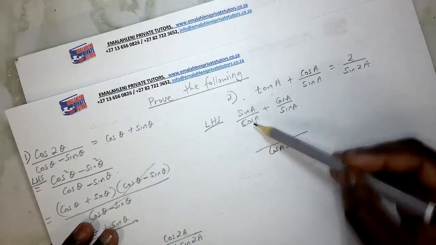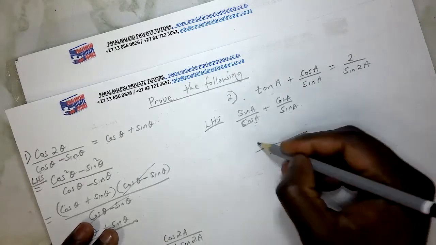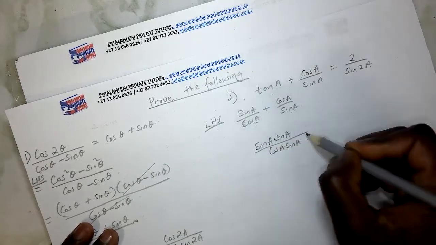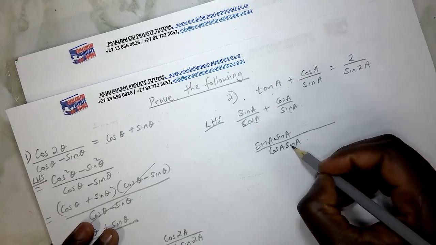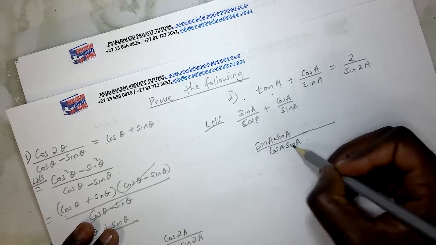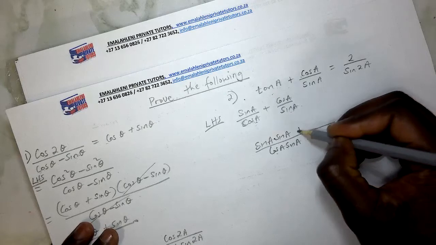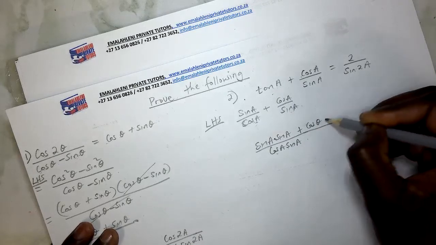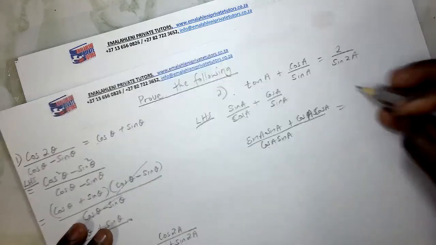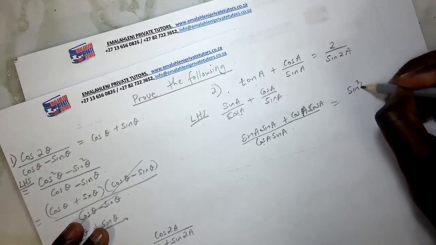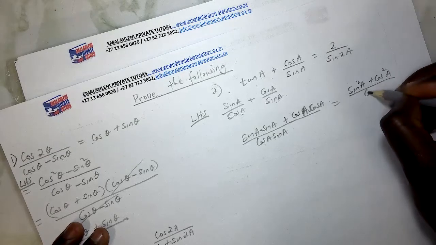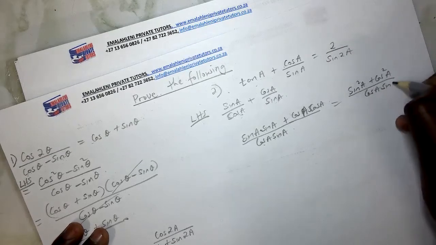Sine A times sine A, then cos A times cos A. This gives us sine squared A plus cos squared A over cos A sine A.